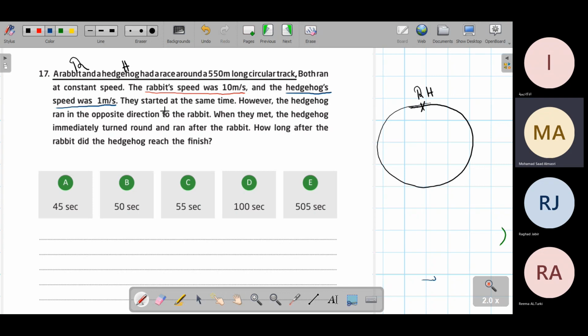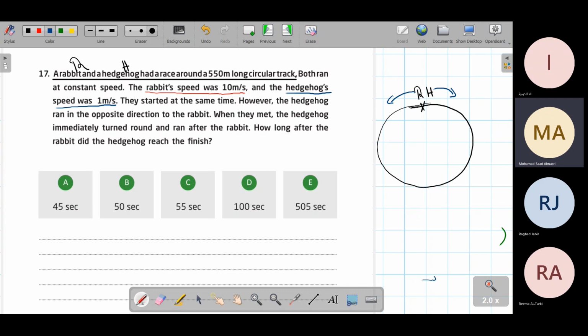This is very important. At the same time, the rabbit and the hedgehog run, however, the hedgehog ran in the opposite direction to the rabbit. So if the rabbit, for example, runs this way, the hedgehog runs that way.